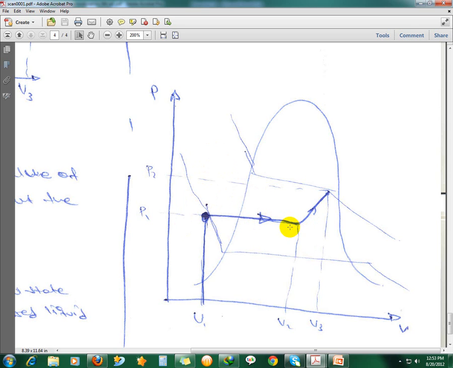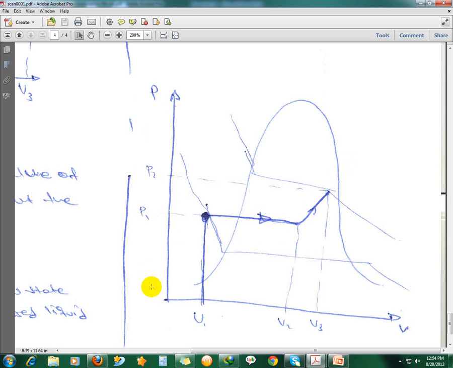Then from stage 2 up to stage 3, there is a linear spring, so the pressure will increase, and we have a linear increasing line. But the final stage is still in a mixture state, so we stop here. If it were superheated, maybe we could move in this direction to the superheated region, but the state is a mixture, so we stop here.